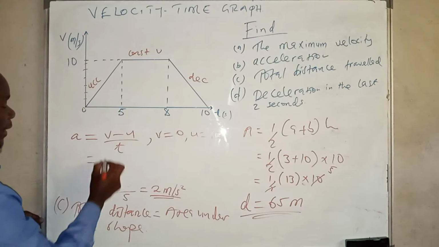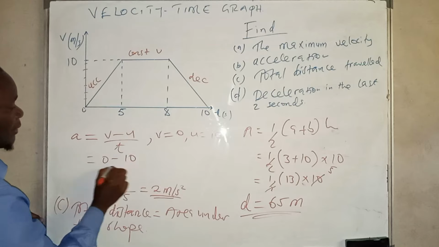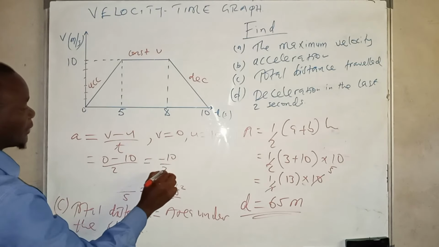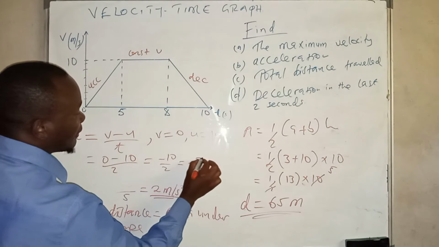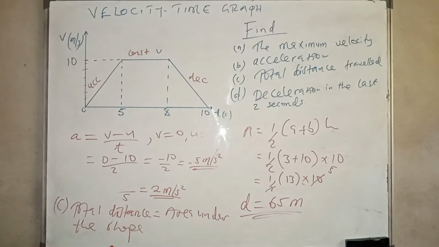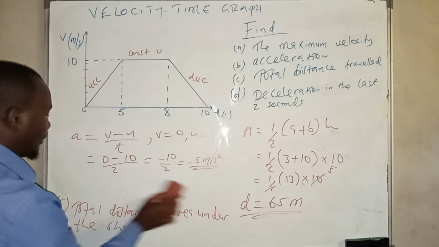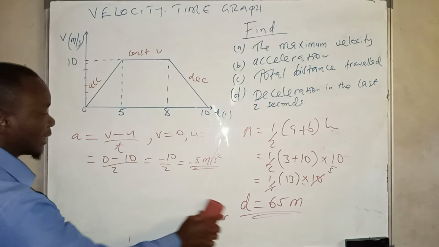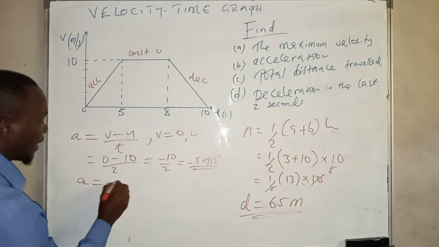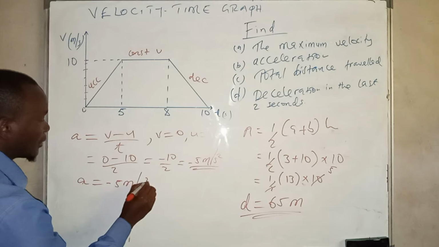So we plug in here, we have 0 minus 10 over 2. So we're going to have negative 10 over 2, which will give us negative 5 meters per second squared. So the deceleration is 5 meters per second squared. If you want to write acceleration, you can say acceleration is equal to negative 5 meters per second squared.